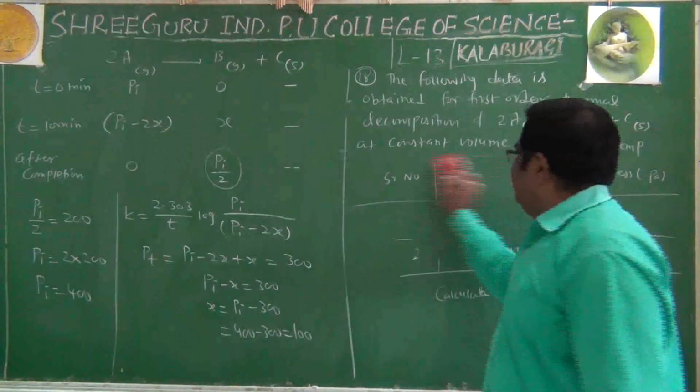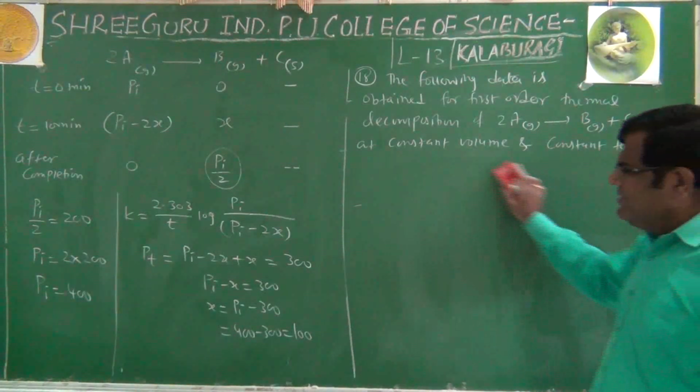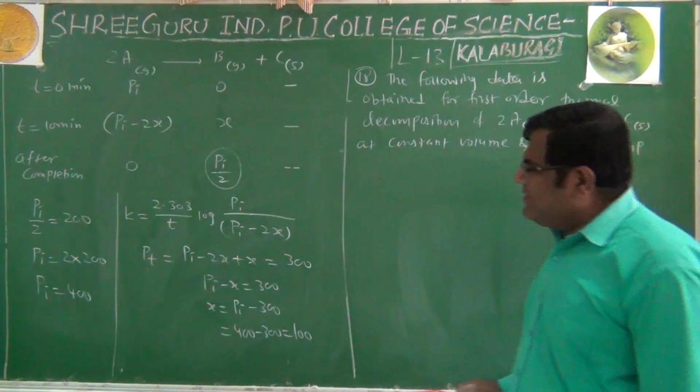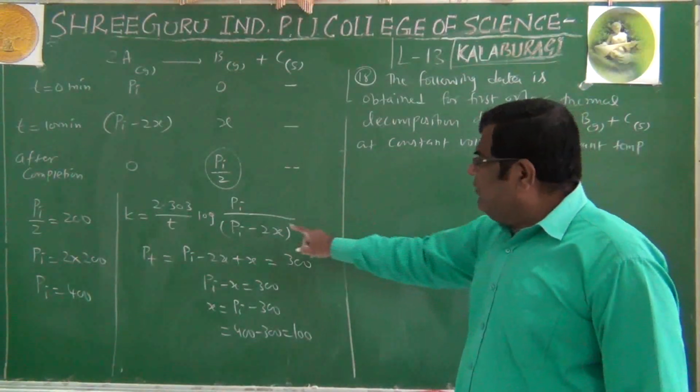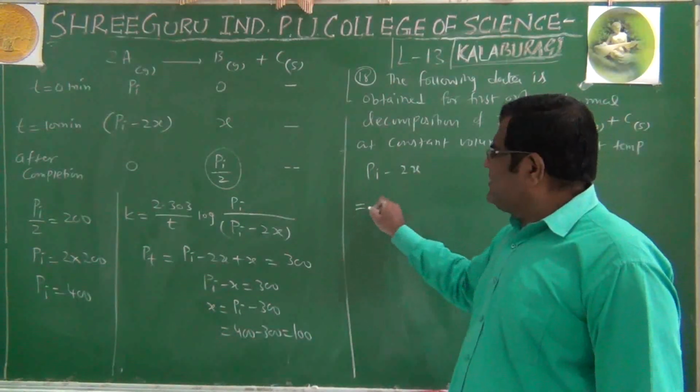Now I'll write the next part here. The calculation part will be easier once you crack the methodology. Calculation will always be easier. Now we want PI minus 2x.